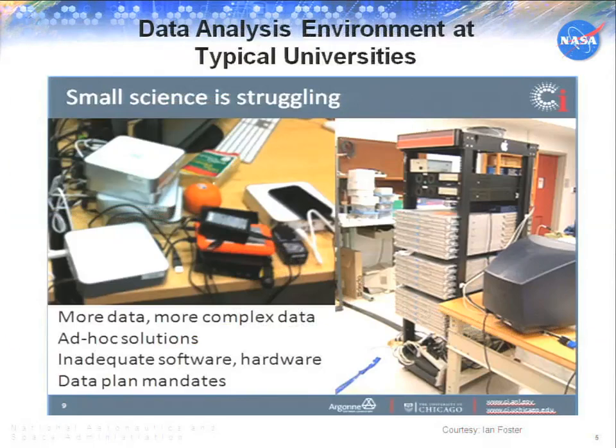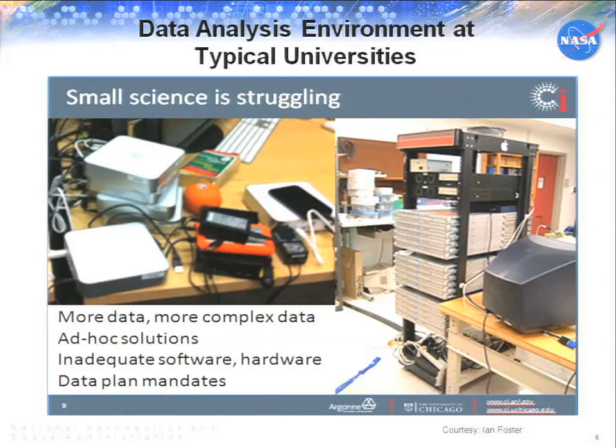I've shown this slide before, and this is from Ian Foster of Argonne. A typical university professor, a typical principal investigator, has a small lab, and what they can do is limited to that kind of infrastructure.